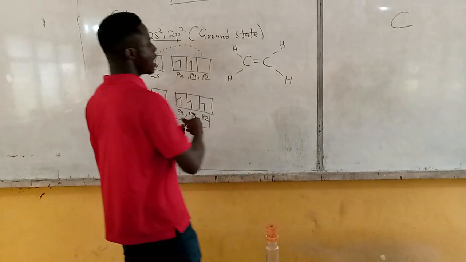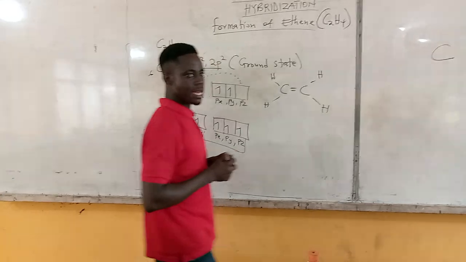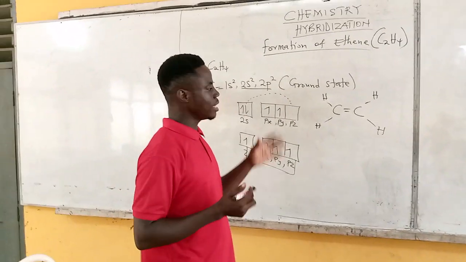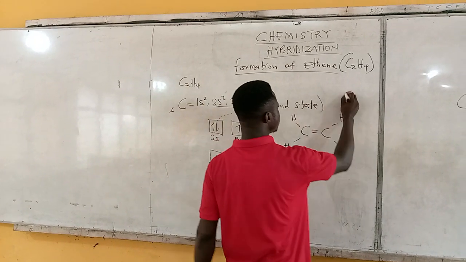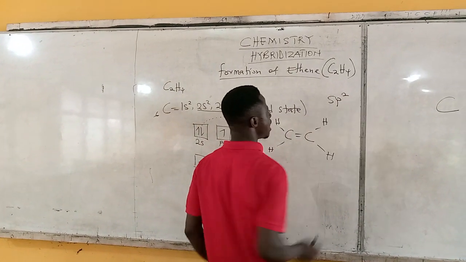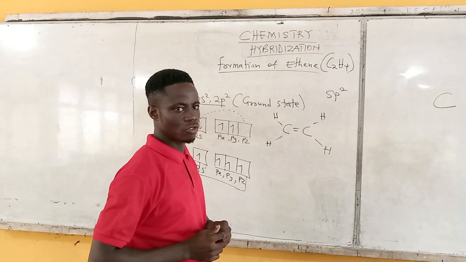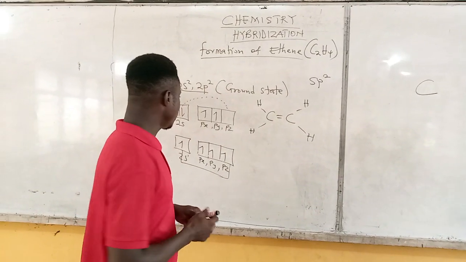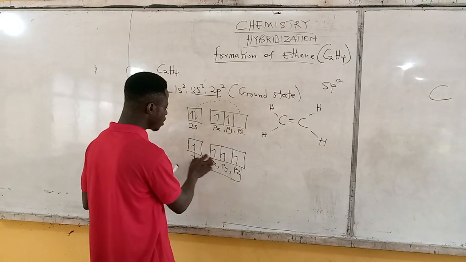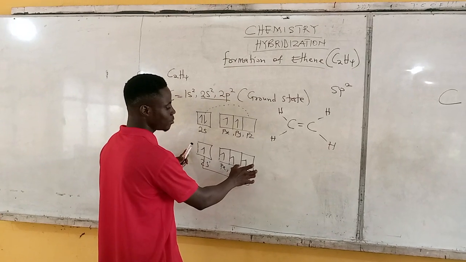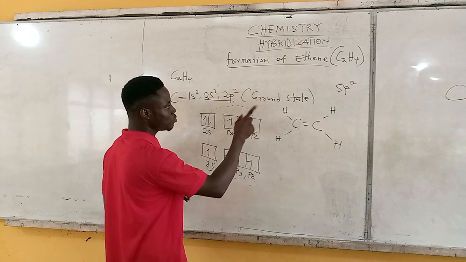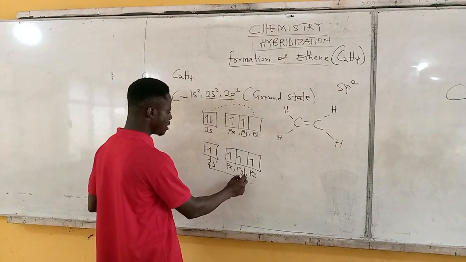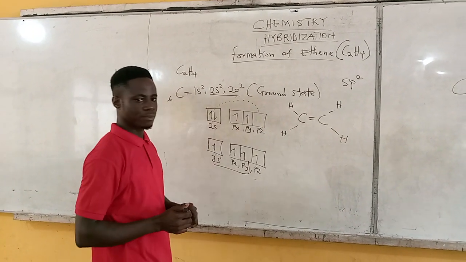And from here, it will give you a clue. Anytime we have a double bond between the carbons, you should know the type of hybridization we are dealing with. We are going to deal with an sp2 hybridization for double bonds. So with this, it means we cannot mix all these. What we are going to do is only mix an s with 2 of the p's. So we are going to mix this 1, 2, 3.